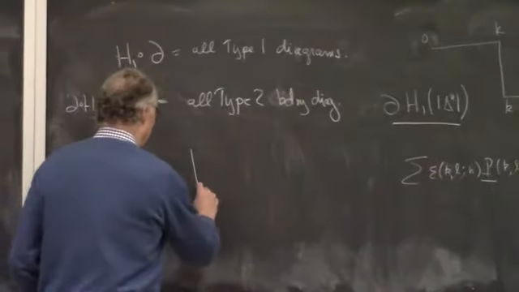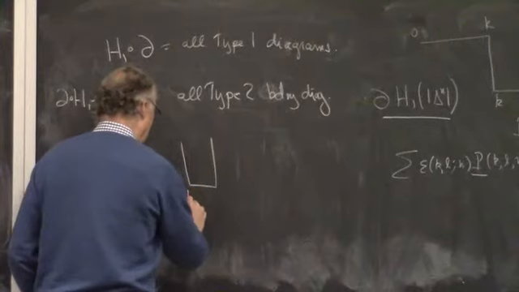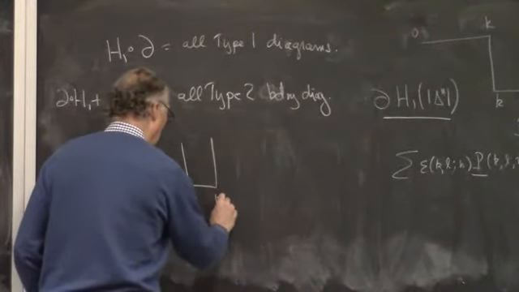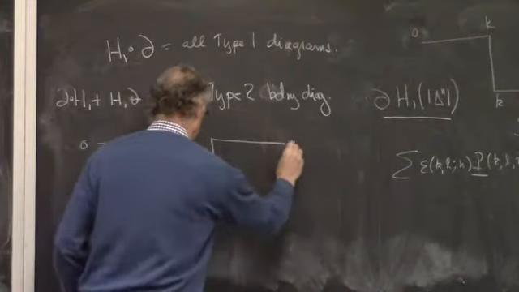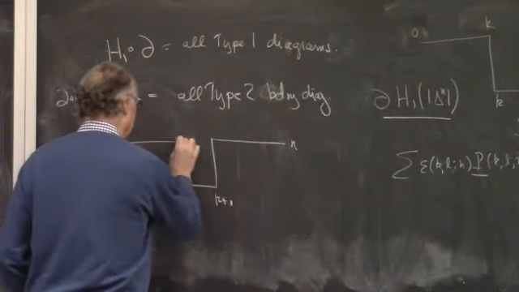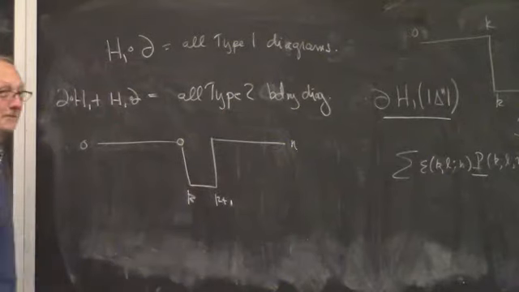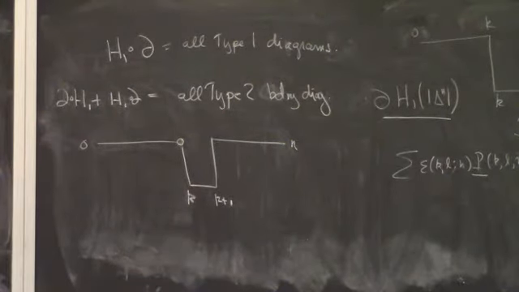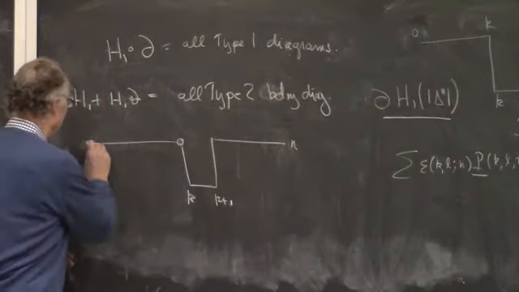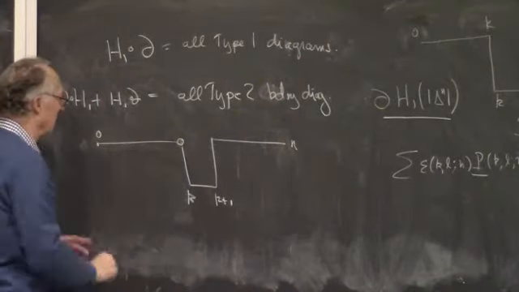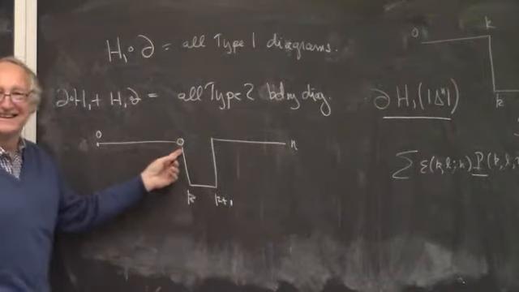Let's start with k plus 1, 0, n, and suppose we've deleted this vertex. There's another way to get exactly the same, not diagram, but same set of vertices here. By the way, this is 0. I realized my 0 and my removals seem a lot alike.